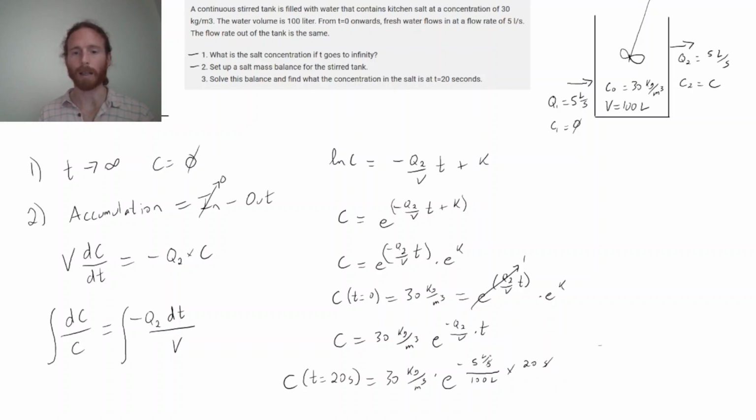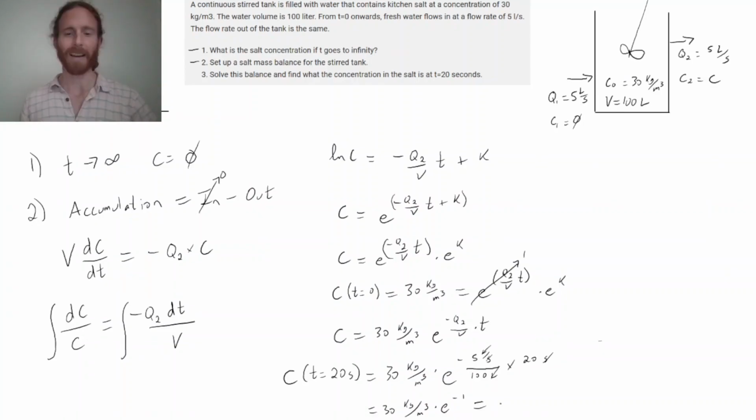Seconds cancel seconds, liters cancel liters. 5 times 20 over 100, so that's e to the power of negative 1. C equals 30 kilograms per cubic meter times e to the power of negative 1. We plug that into the calculator, and that gives us 11 kilograms per cubic meter, which of course is just the same as 11 grams per liter.